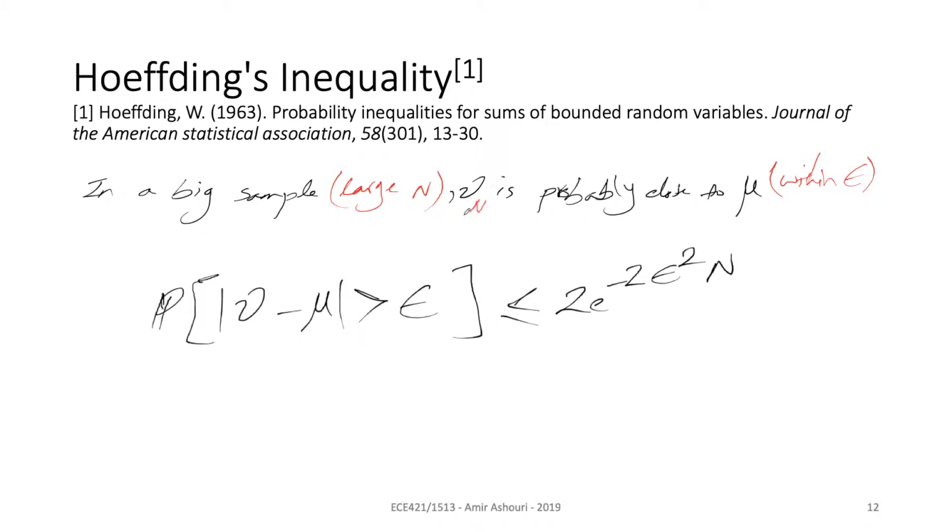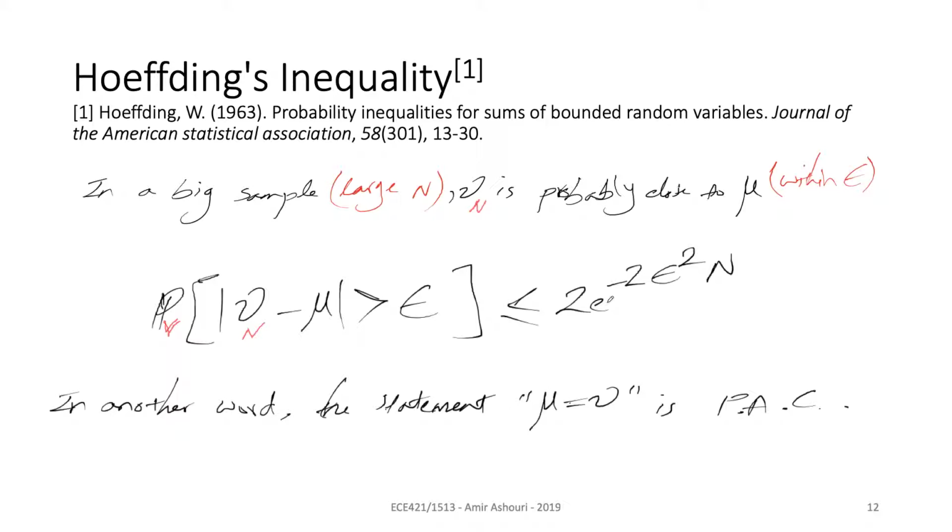And that was the probability, so PR or P, either case. So Vn minus mu being within a threshold epsilon, this value is smaller than 2 exponential of minus 2 epsilon square n. So note that this is a negative exponential.